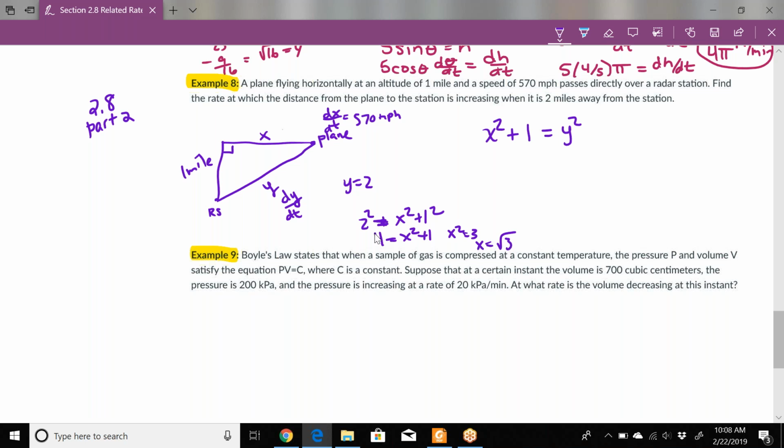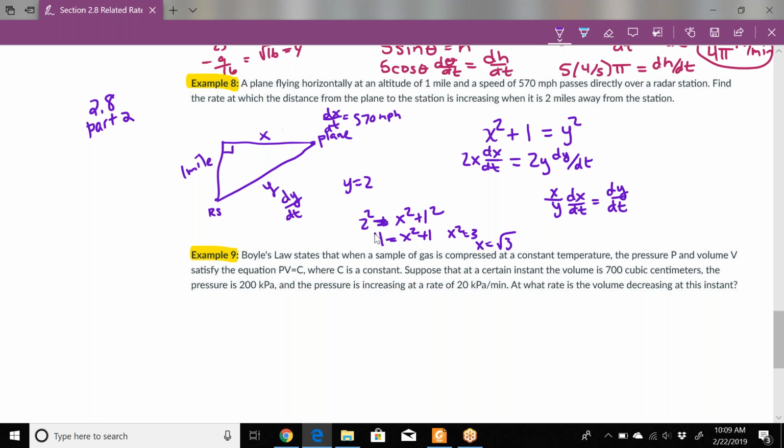If we take the derivative with respect to t, because we're doing time, we get 2x dx/dt plus 0, because that's a constant, plus 2y dy/dt. We're trying to solve for dy/dt, so we divide by 2y. The 2's cancel out, so x over y times dx/dt equals dy/dt.